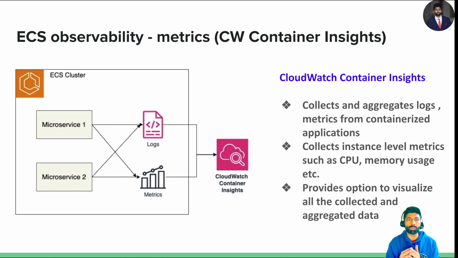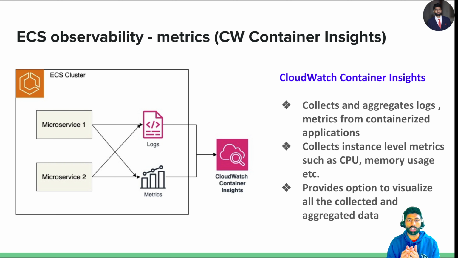So now let's talk about metrics in ECS observability. To collect the metrics from microservices running on ECS, again, AWS CloudWatch is the preferred option. It collects the standard metrics from your instances running inside the ECS cluster. However, CloudWatch Container Insights is a feature in CloudWatch which is used by many organizations and is vastly popular for collecting metrics from containers running in an ECS cluster.